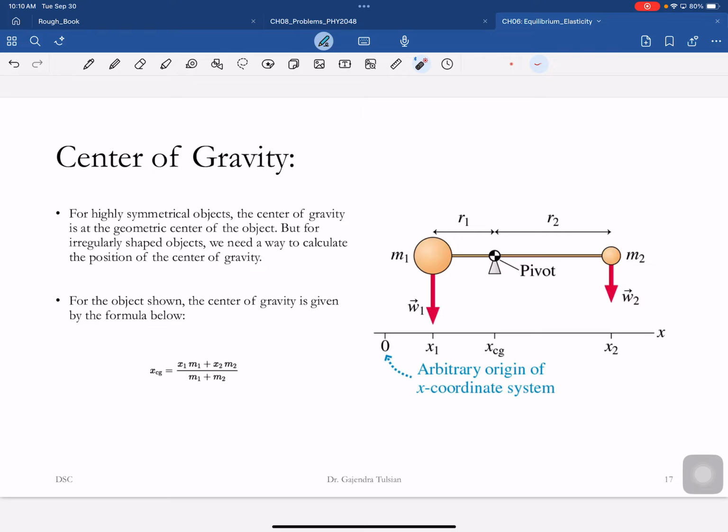And then for this mass, the x-coordinate of the center of gravity was there, x2 times m2. And then divide by the total mass, and that'll give you the x-coordinate of the center of gravity. That's how you can calculate the center of gravity. We won't be using this formula, but in case in the future you need it. So there is the center of gravity of the object.